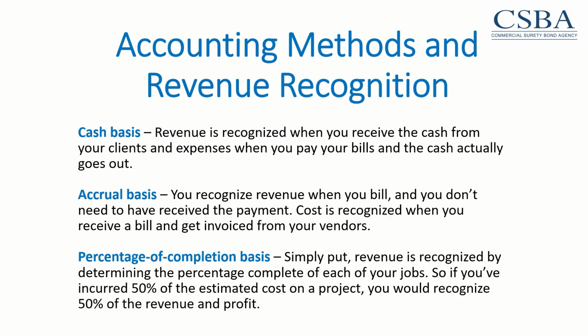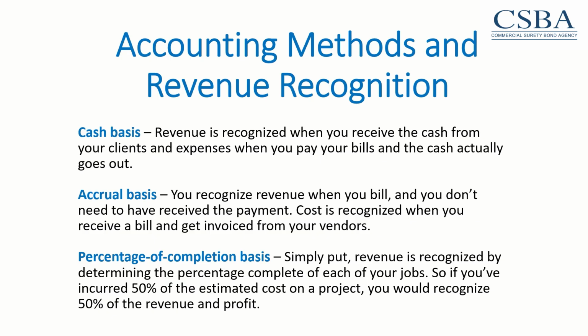And really, ultimately, the goal in this video is to help you be in a better position to communicate your information to the surety, how you're really doing in the most accurate way, and to understand your own business better.